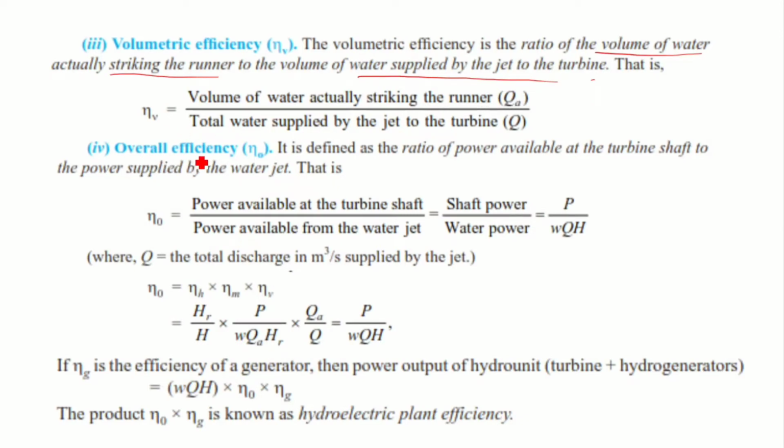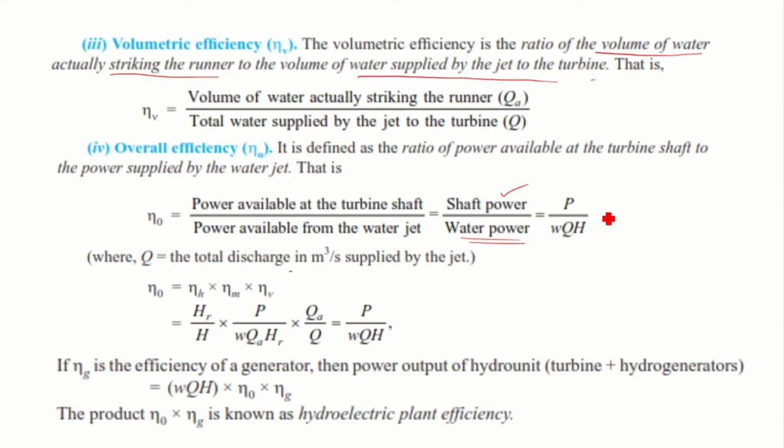Next, overall efficiency. The final output is obtained from the shaft, so shaft power is the output power and the water power is the input. It is the ratio of power available at the turbine shaft to the power supplied by the water jet.